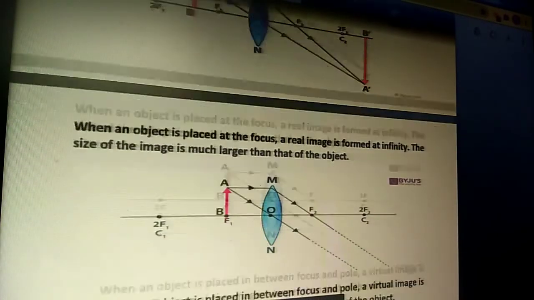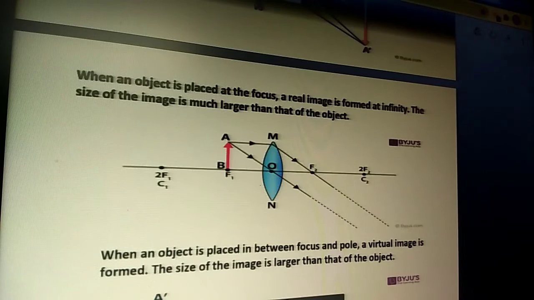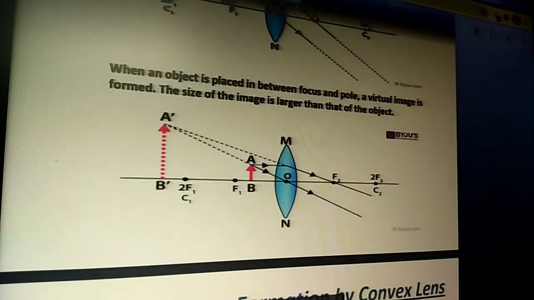Then at f1, the image is at infinity and highly magnified. Then between the optic center and f1, a virtual, erect, highly magnified image will be formed.